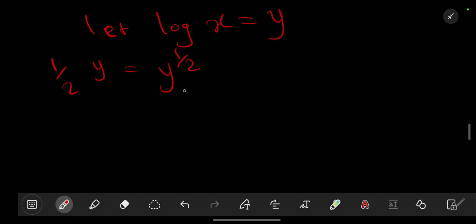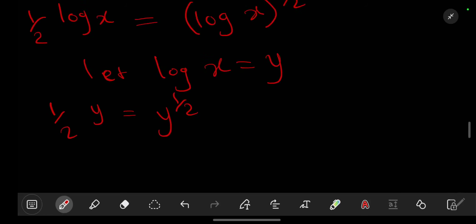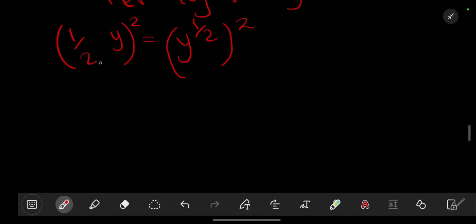So we are going to eliminate this half by introducing power 2. Now be careful, this power 2 affects even the half.